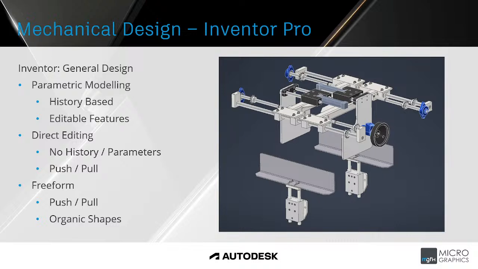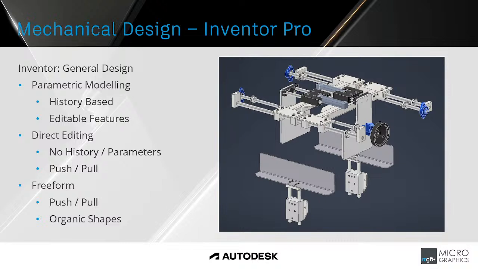And all of these dimensions and features that you are adding to the design are tracked. That's the history-based portion. And you can go back and you can edit these features. You can go back into the sketch, change the length of the object. You can go back and edit the fillet, change the radius. And this will update the design according to those changes.